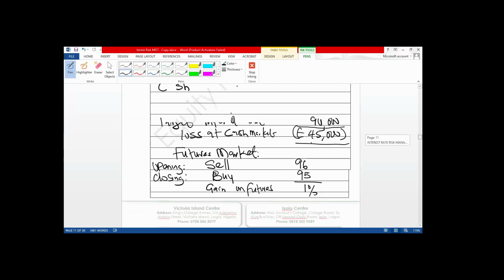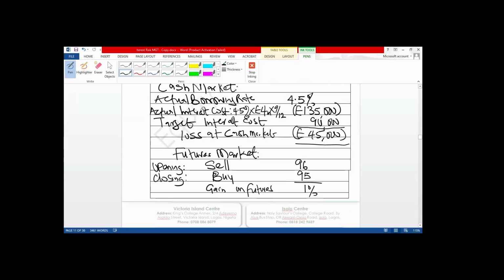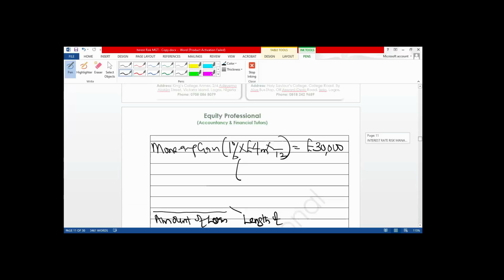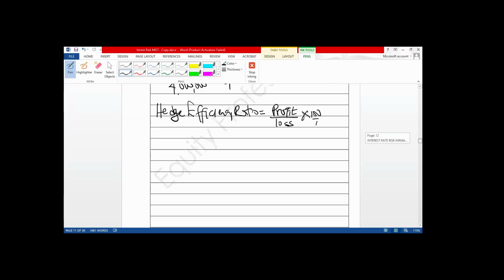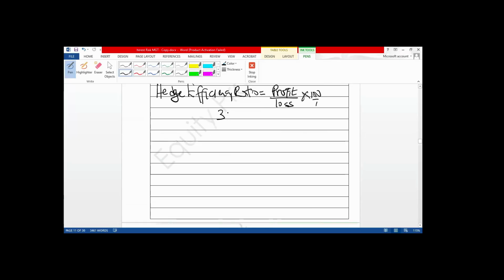We incur loss of 45,000 naira at the cash market. 30,000 profits divided by 45,000 loss multiplied by 100. That will give you 75%. That is the hedge efficiency ratio.